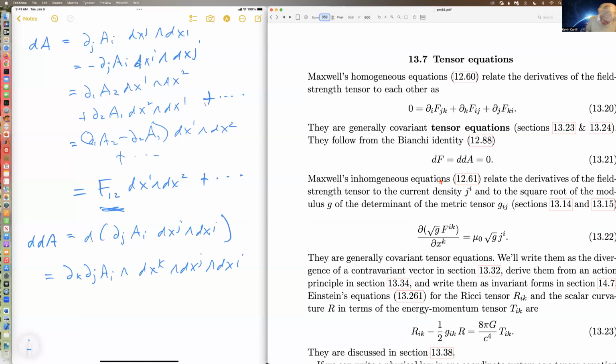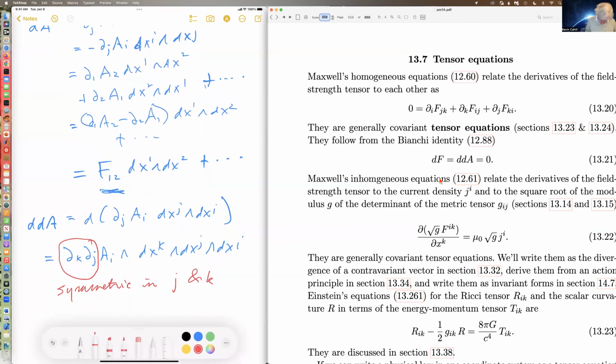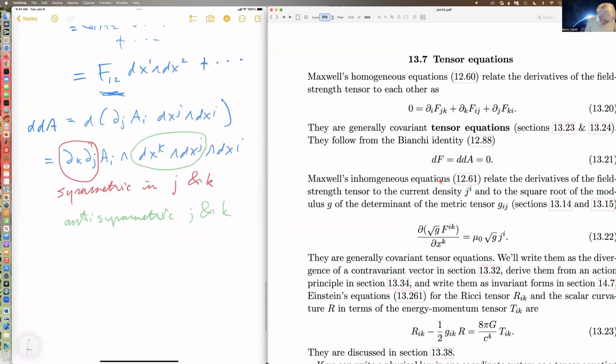Okay, now what we see here is that this is symmetric in j and k, whereas this is antisymmetric in j and k. So DDA is just 0.